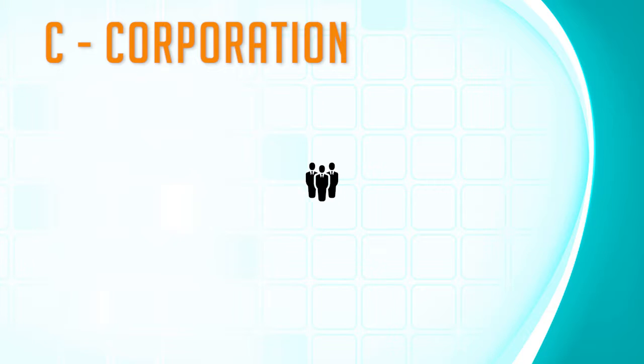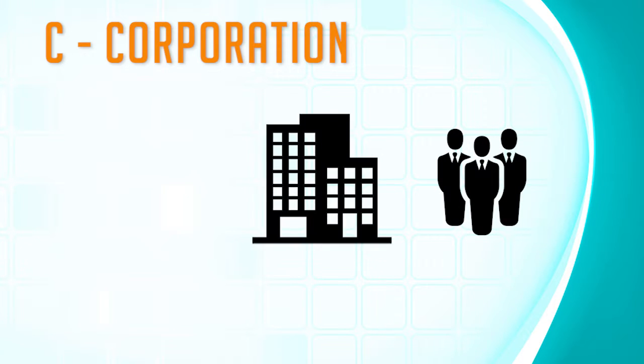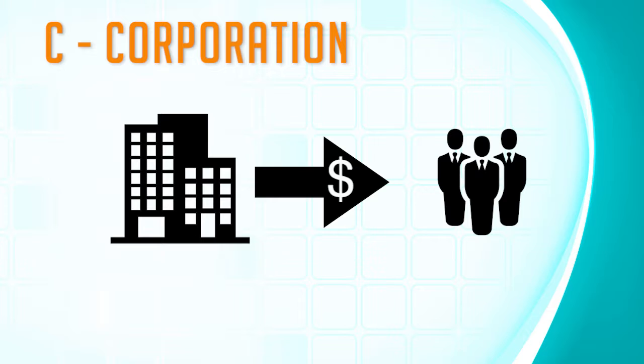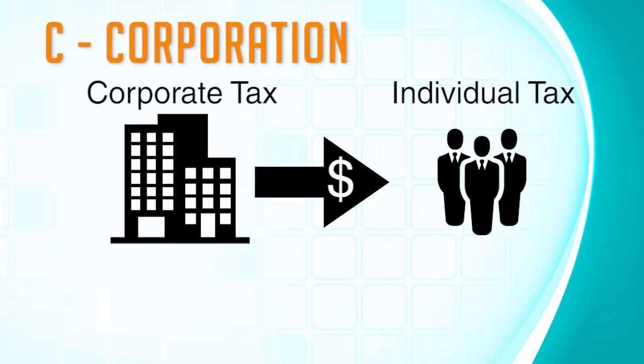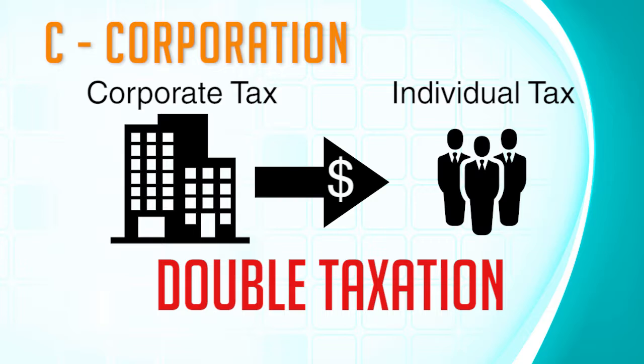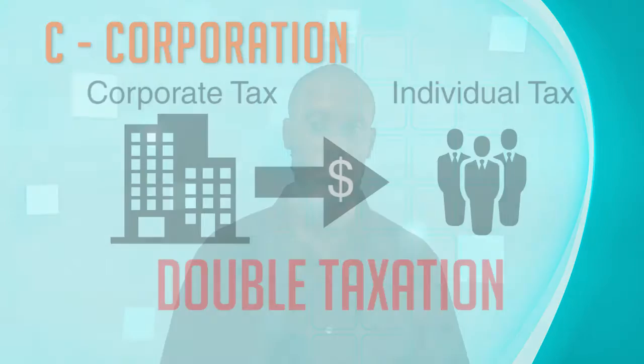But we're not off the tax hook yet, because if we as owners decide to take dividends, wages, or salaries, then that money is taxed on our personal taxes, completely separate from the business taxes. Which brings up the idea of double taxation, which is an issue faced by C corporations.